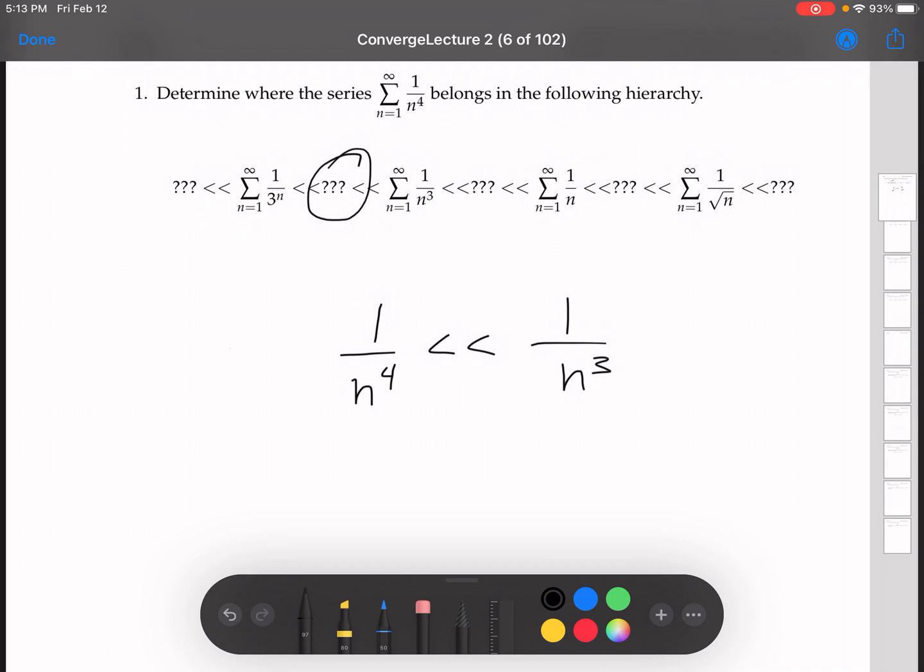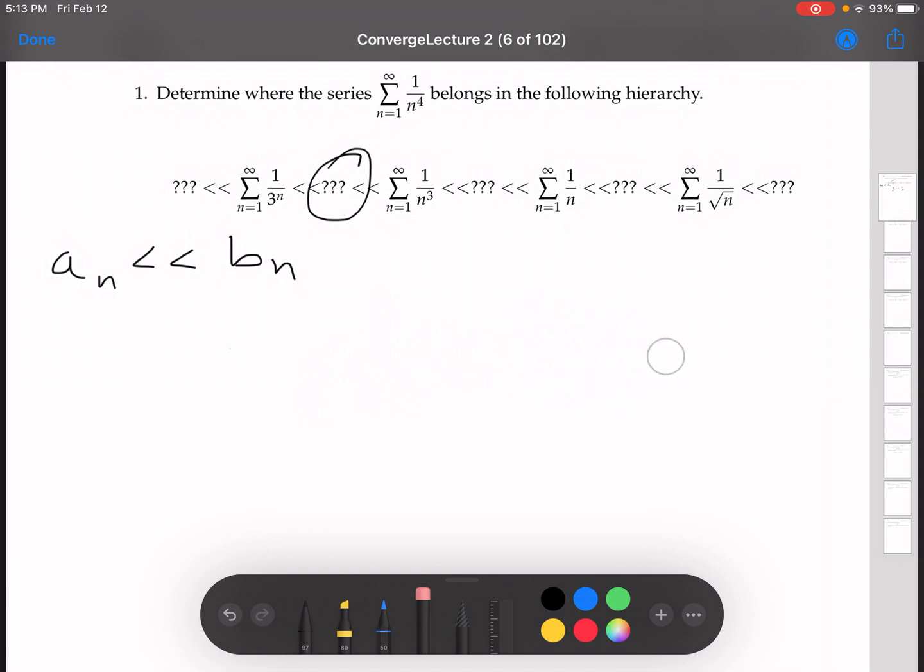So another way to do this algebraically is, if you know that a_n goes to infinity slower than b_n, then you know that 1 over b_n goes to infinity slower than 1 over a_n.